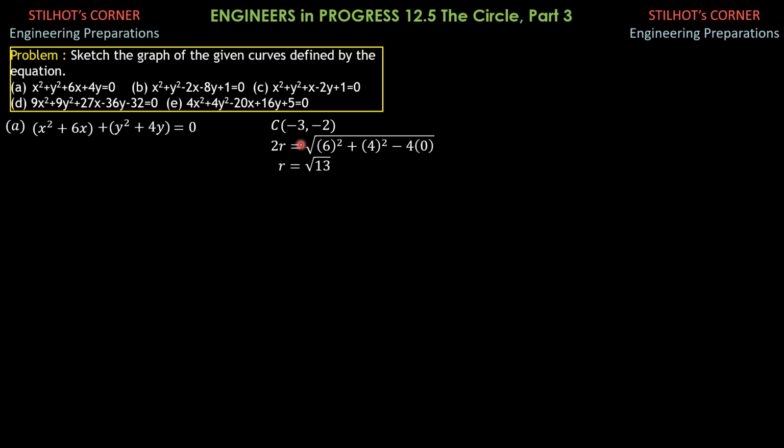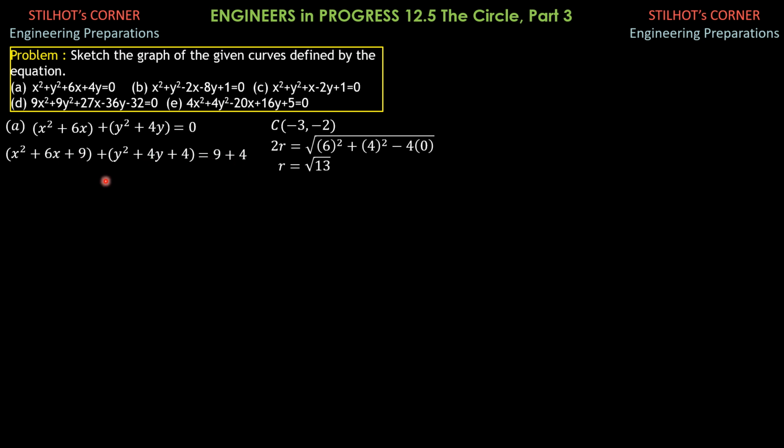And let us show that the center is really at negative 3, negative 2 and the radius is square root of 13 by completing the square in x. So x squared plus 6x plus 9. 9 is 1/2 of 6 squared. 1/2 of 6 is 3, 3 squared is 9. 1/2 of 4 is 2, 2 squared is 4. So this is plus y squared plus 4y plus 4. Then equals 0 plus 9 plus 4.